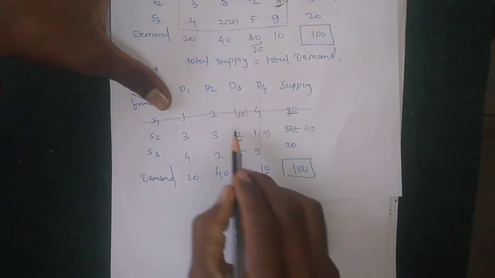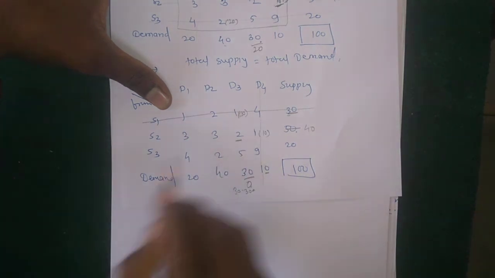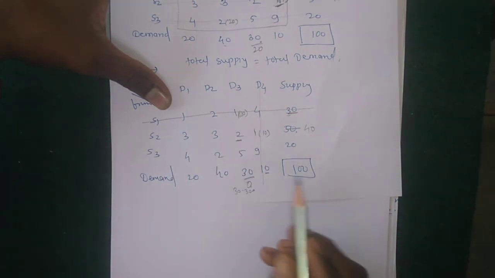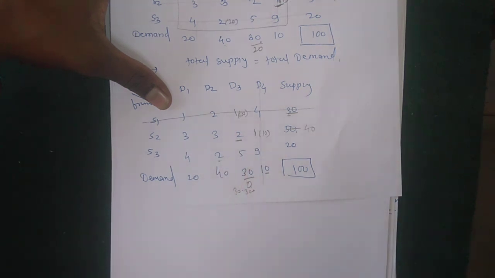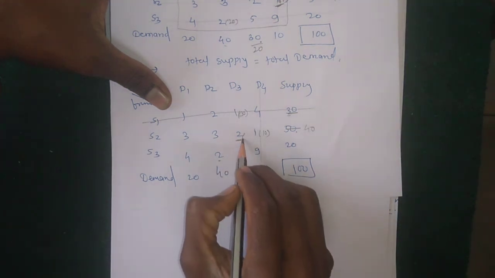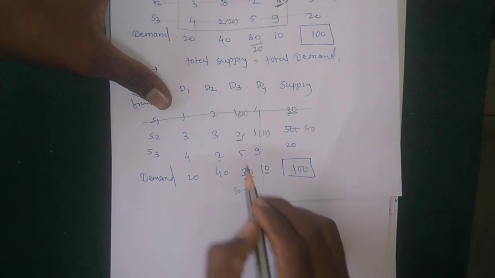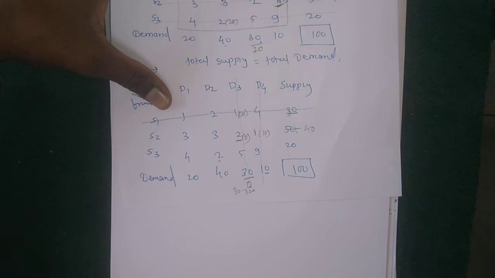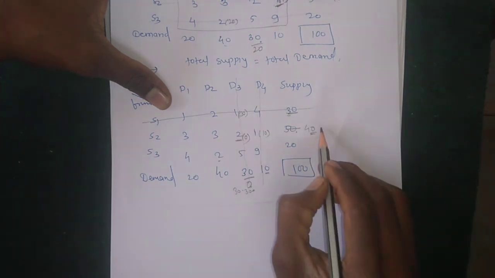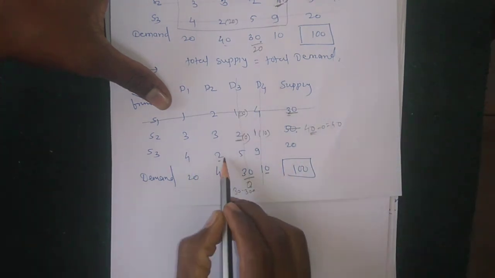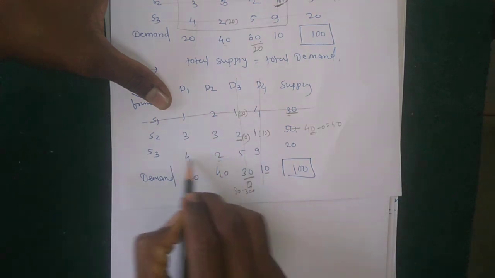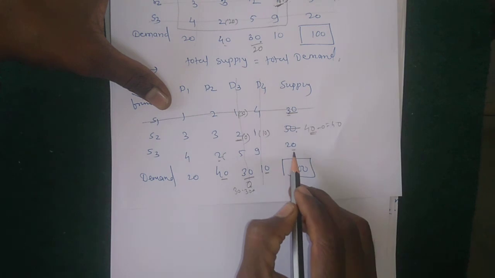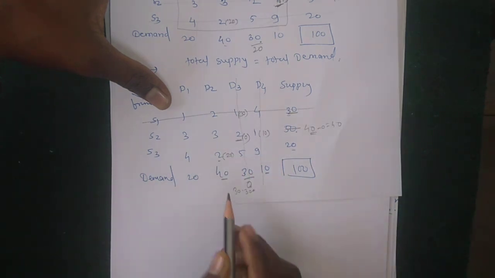Now select the remaining minimum element in the remaining table. It is 2, and here also 2, select any one of these. If we select this, then its value is 0. So delete this row, and 40 stays as it is, 40 minus 0 is 40. Then the minimum of this is 2, with values 40 and 20, so 20 is less than 40.